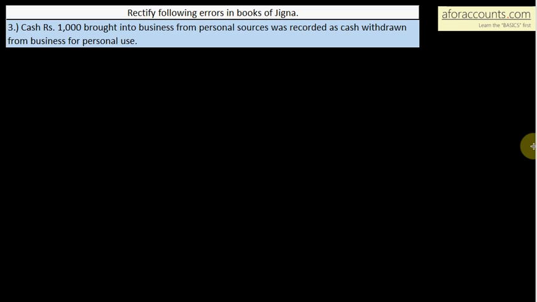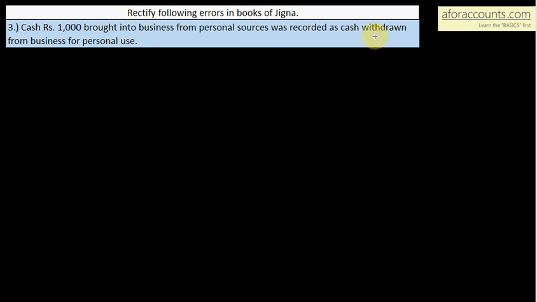Point number 3rd. Rectify following errors in books of Jigna. Cash rupees 1,000 brought into business from personal sources. Means it is nothing but introduction of capital because brought from personal sources, introduced 1,000 rupees. So entry should have been cash account debit to capital account.